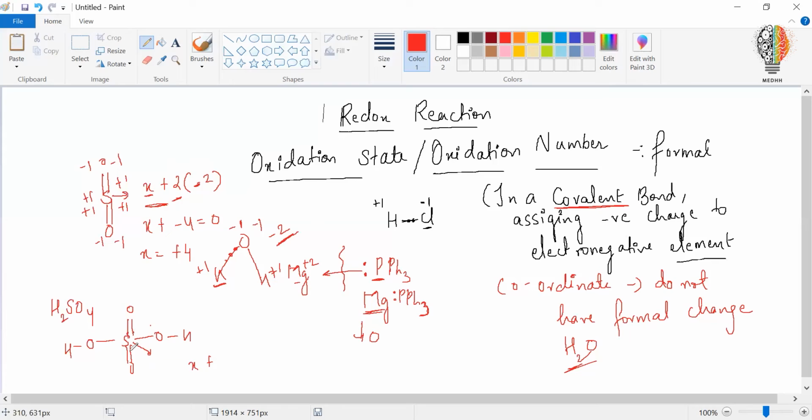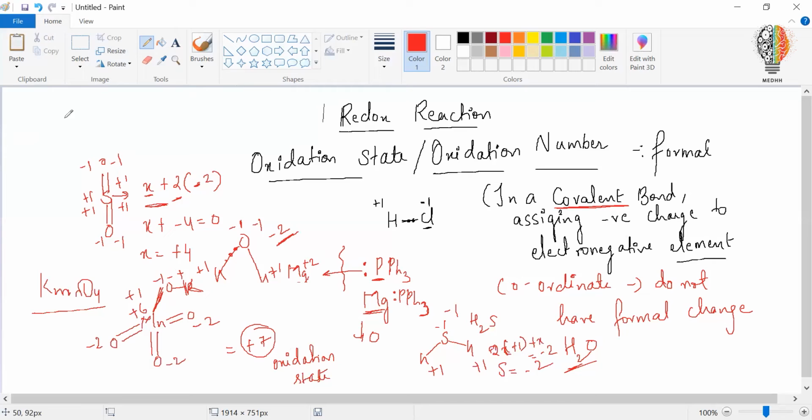You can see 1, 2, 3, 4, right? So you can do it in this way, plus 2, right? And then plus 1 and then plus 1. So overall there will be an oxidation state of plus 6, right? If you want, you can just calculate it in this way also, minus 2 into 3.